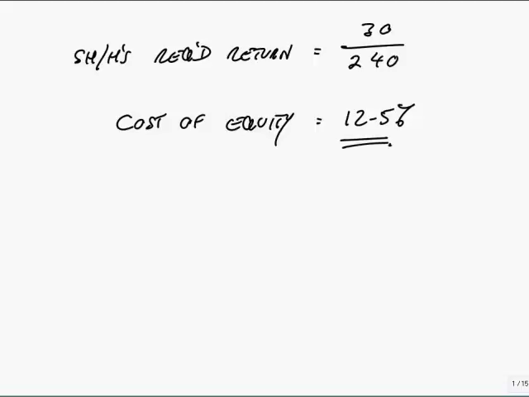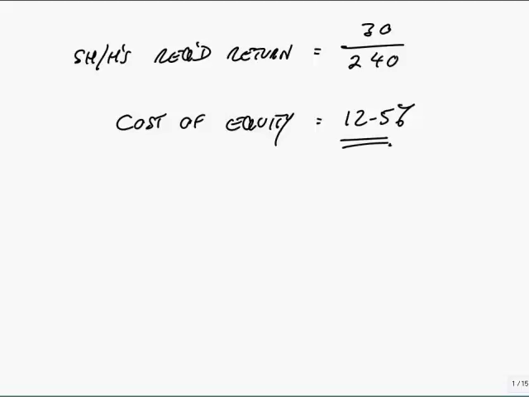And the only way I can try and estimate is to say, well, if they're buying shares on the stock exchange today, what return are they needing? To buy them on the stock exchange, they're needing 12.5%. And I say, right, if I'm going to raise new money from shareholders, I'm going to have to pay them 12.5%. Otherwise, why will they buy new shares? They'll buy existing ones on the stock exchange.